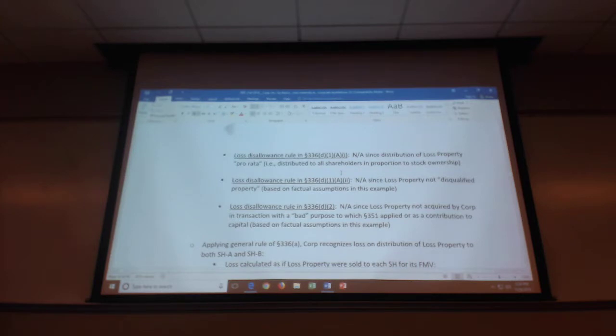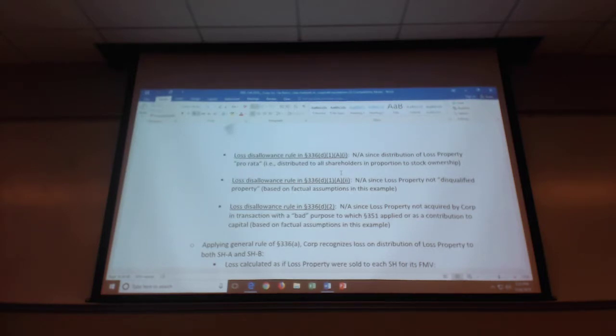I think I discussed this a few classes ago. The difference between pro rata and non-pro rata. That's not really a legal term, but it's a term that everybody uses. A pro rata distribution means that every shareholder gets his or her percentage of every single asset.